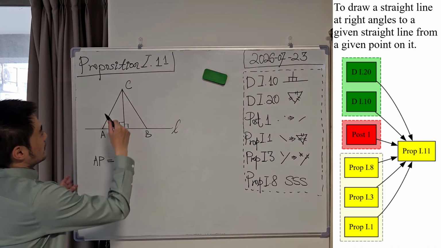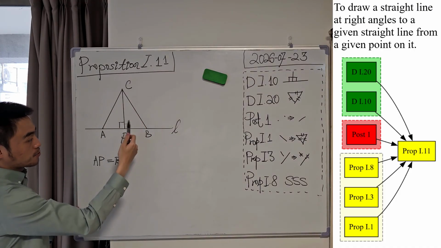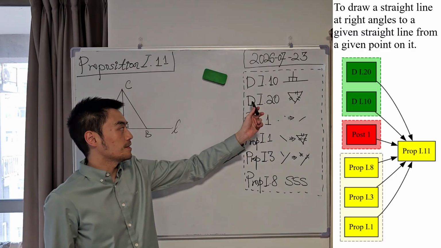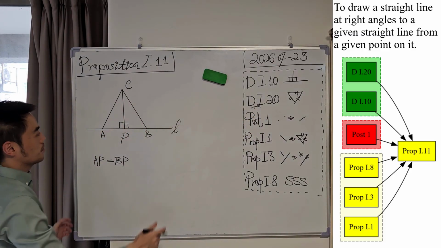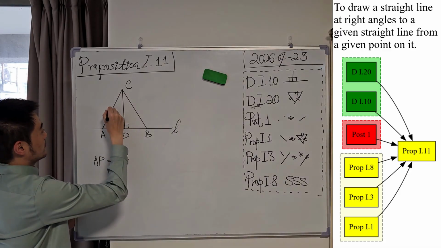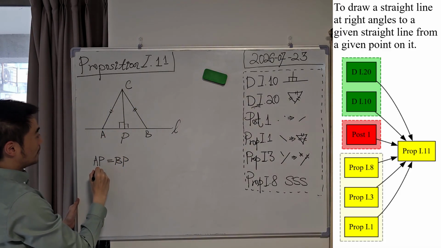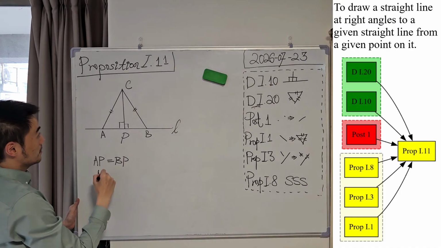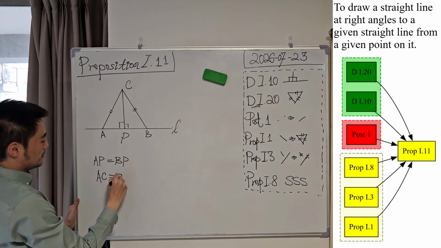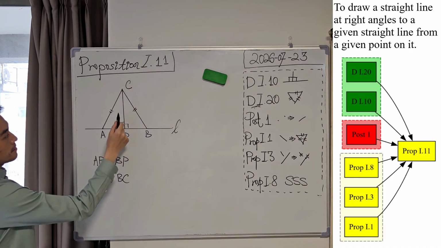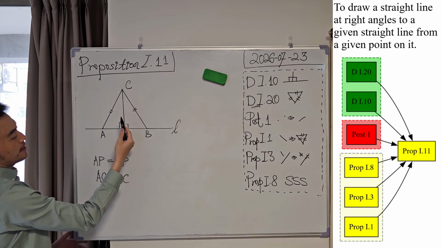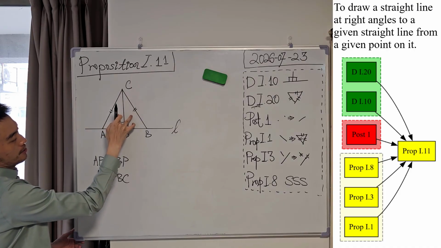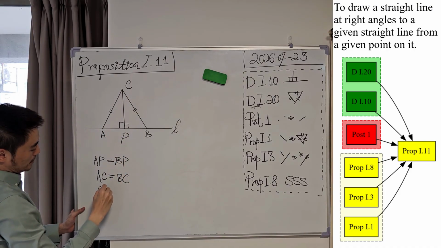ABC is an equilateral triangle, so we can recall the definition of an equilateral triangle. Three edges are equal, so we have AC is equal to BC. And please note that CP is the shared side of these two triangles, so let's write CP is equal to CP.